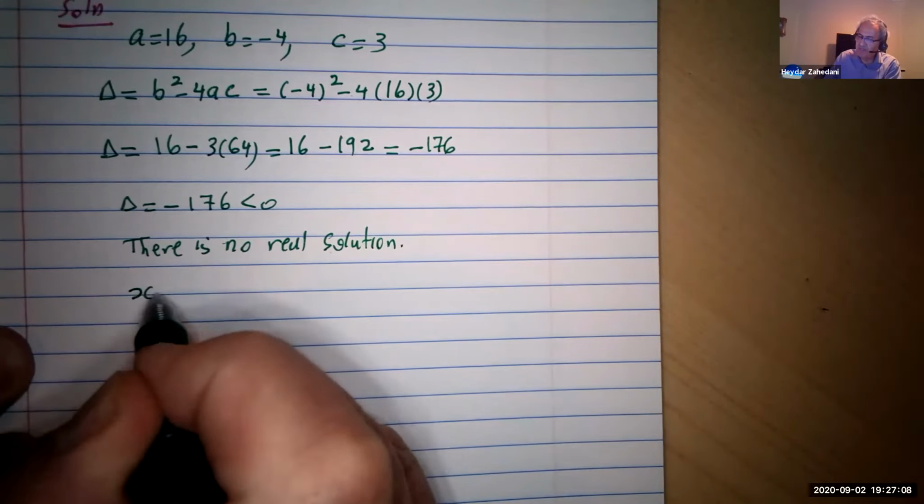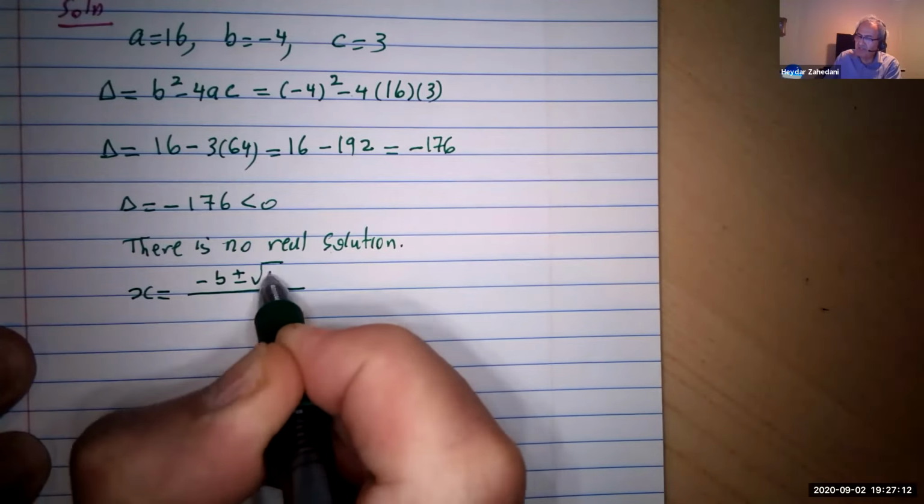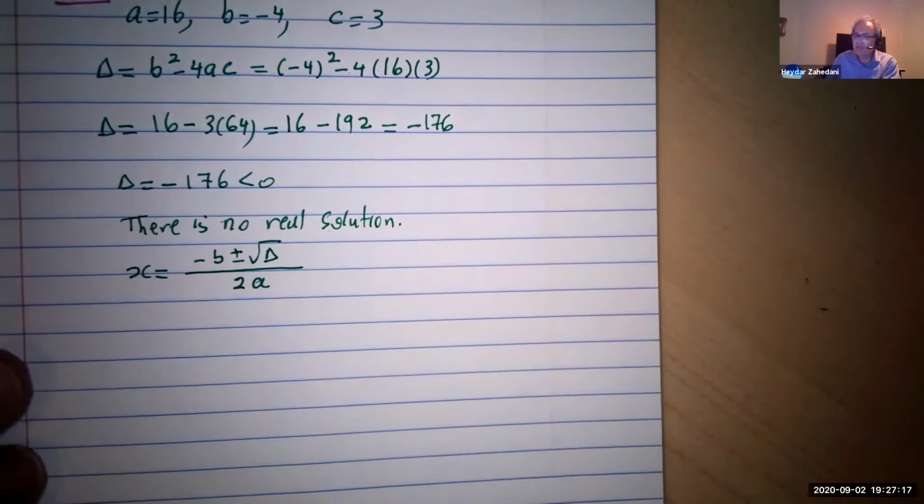So you bring the formula: x equals negative b plus or minus the square root of delta, over 2a. Now we substitute.